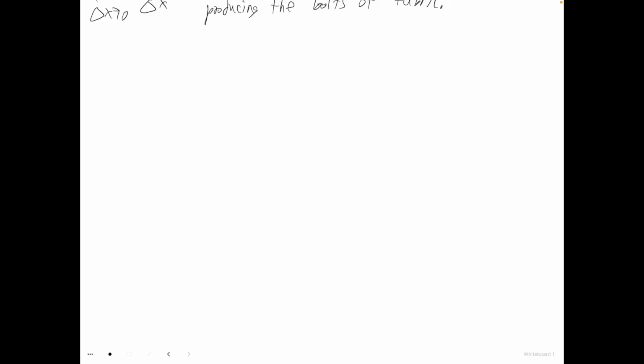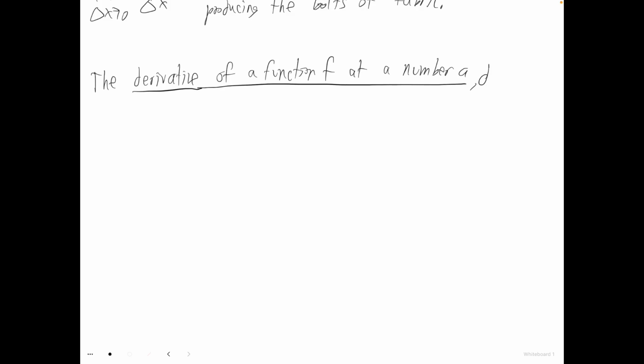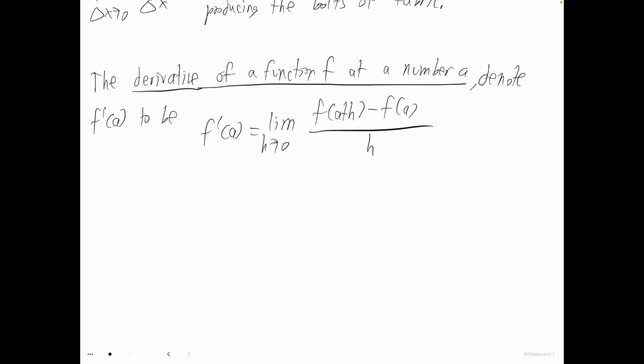So we define the derivative of a function f at a number a, which we denote f prime of a, to be f prime of a equals the limit as h goes to 0 of f of a plus h minus f of a, divided by h, or f prime of a equals the limit as x goes to a of f of x minus f of a, divided by x minus a.